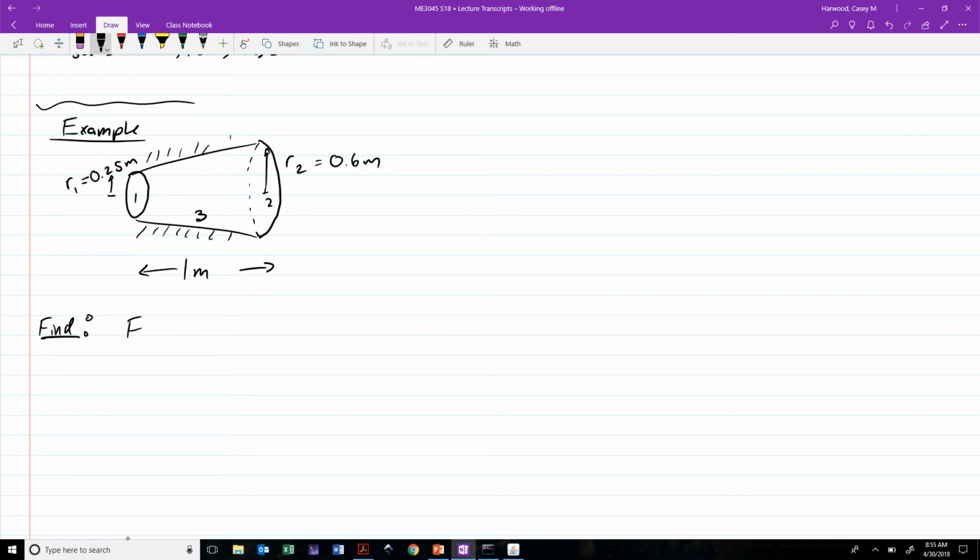So we're asked to find F13. That is the amount of energy that's radiated from this small cap on the cone into the cavity and hits this lateral surface.